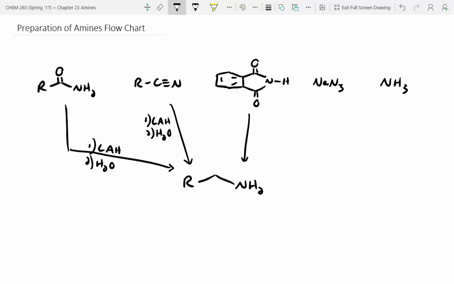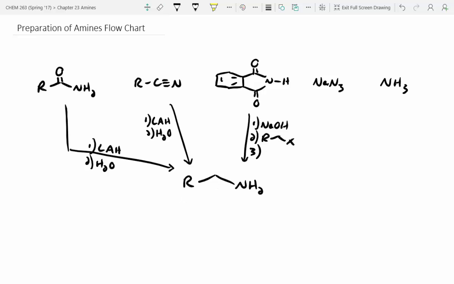What about with the Gabriel synthesis? What's our first step? Sodium hydroxide, we need to deprotonate this proton coming off the end. Then we need to treat it with an alkyl halide. The alkyl halide has got to be this portion, right? And then what's our last step?